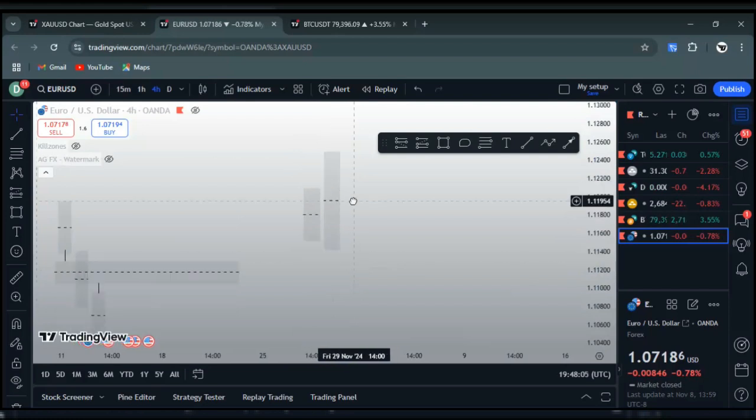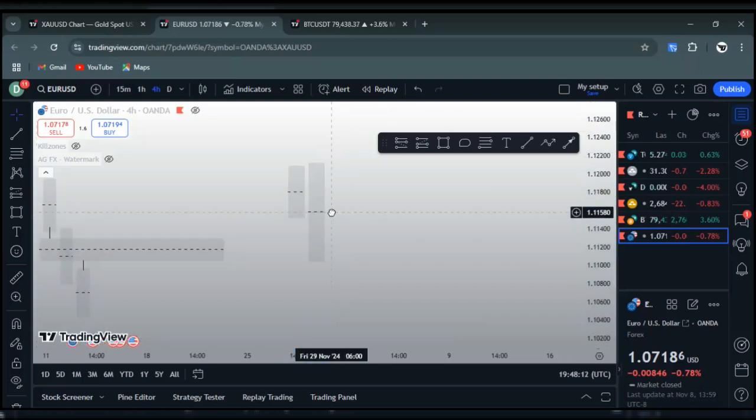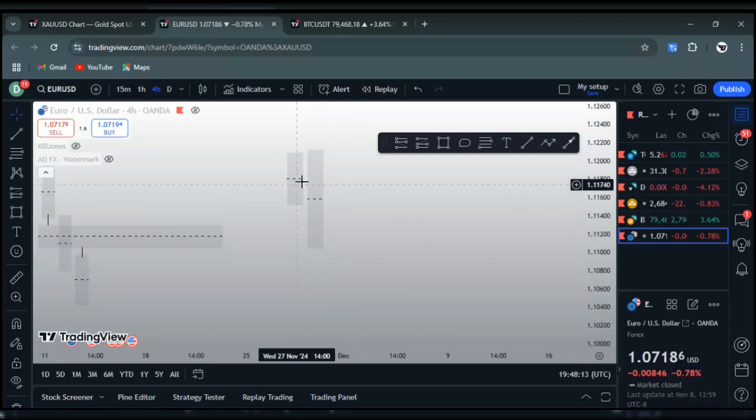And when a sell candle overpowers the buy candle, it signifies that the sellers are in the market and they have dominated it.